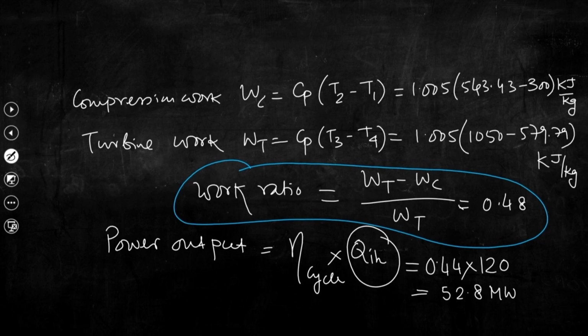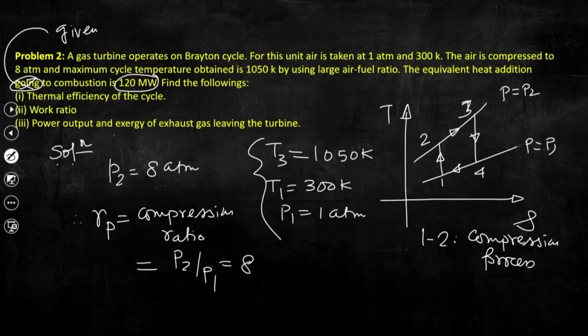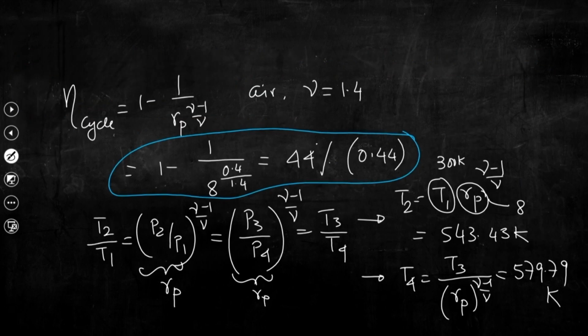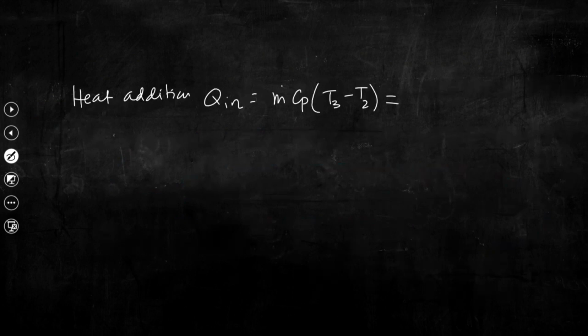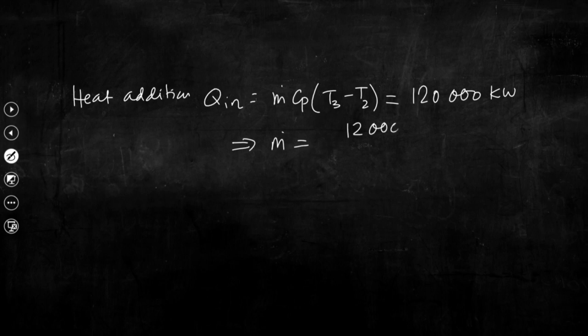Q in is already given, we have no need to calculate it, because the problem statement says the heat addition from combustion is equivalent to 120 megawatt. From there we can calculate m dot.